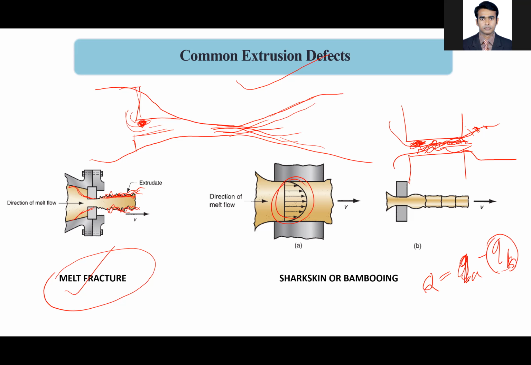QA is the forward flow due to the screw. The screw is pushing the material forward, and due to the pressure of the screen and the die, some material flows back. That is why the total volume flow rate is QA minus QB. There is obviously back pressure, but to get the benefit, we need to consider that.